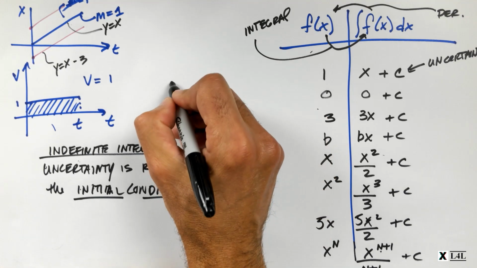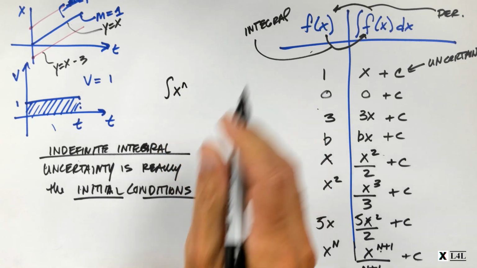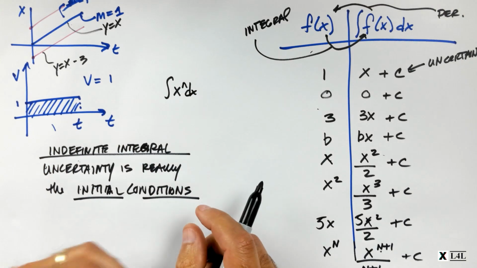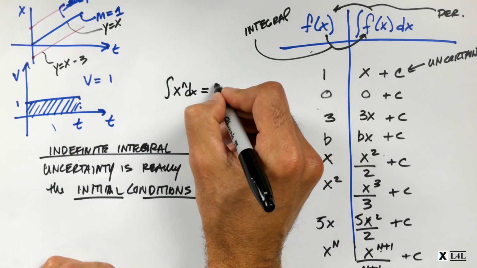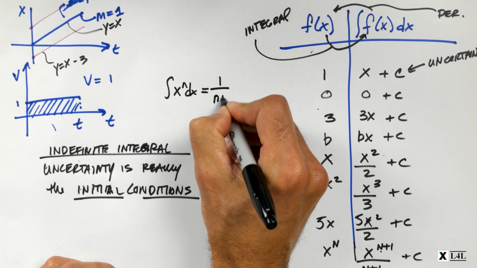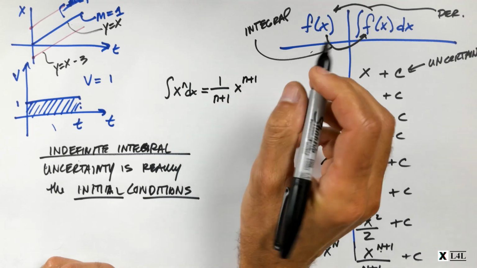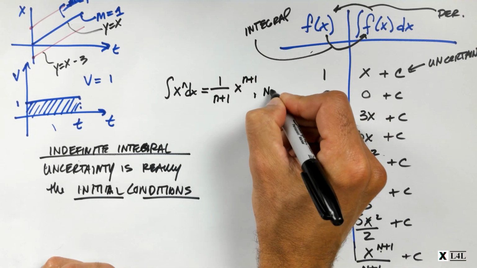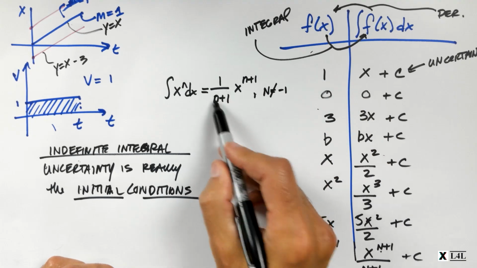The integral of some variable x to the nth power with respect to x is going to be equal to 1 over n plus 1 times x to the n plus 1. And n in this case cannot be equal to -1 because we end up with 0 down here.